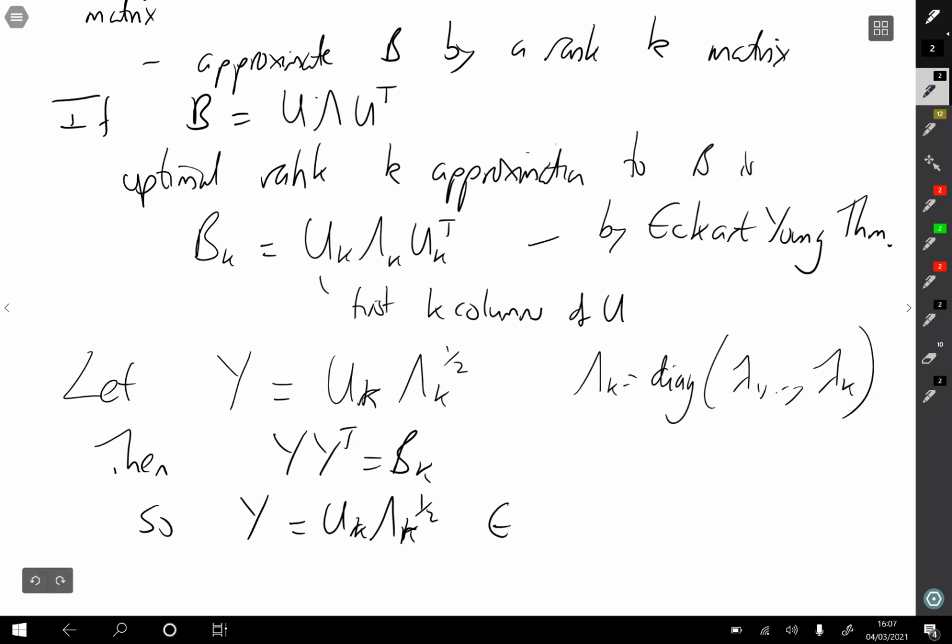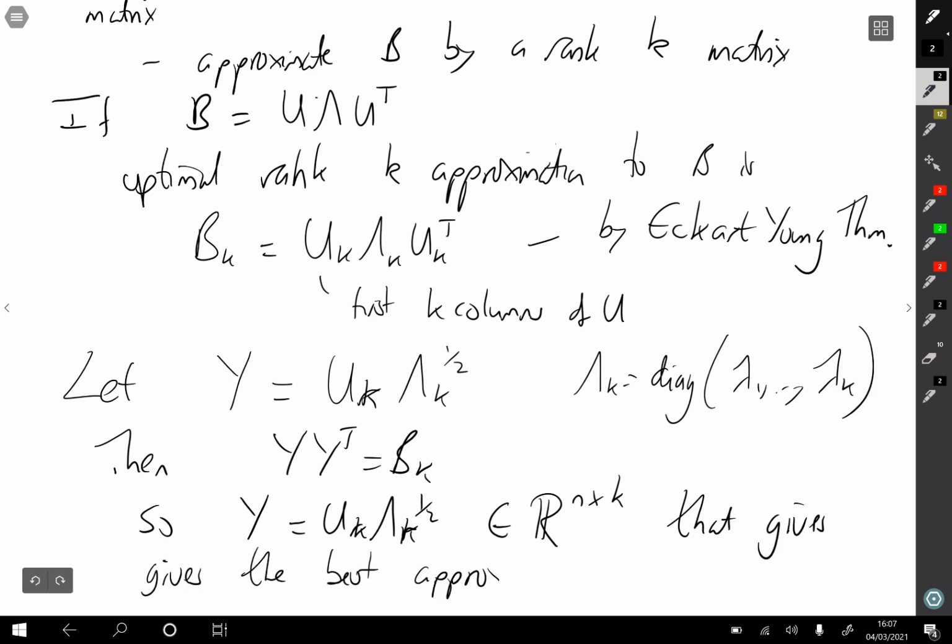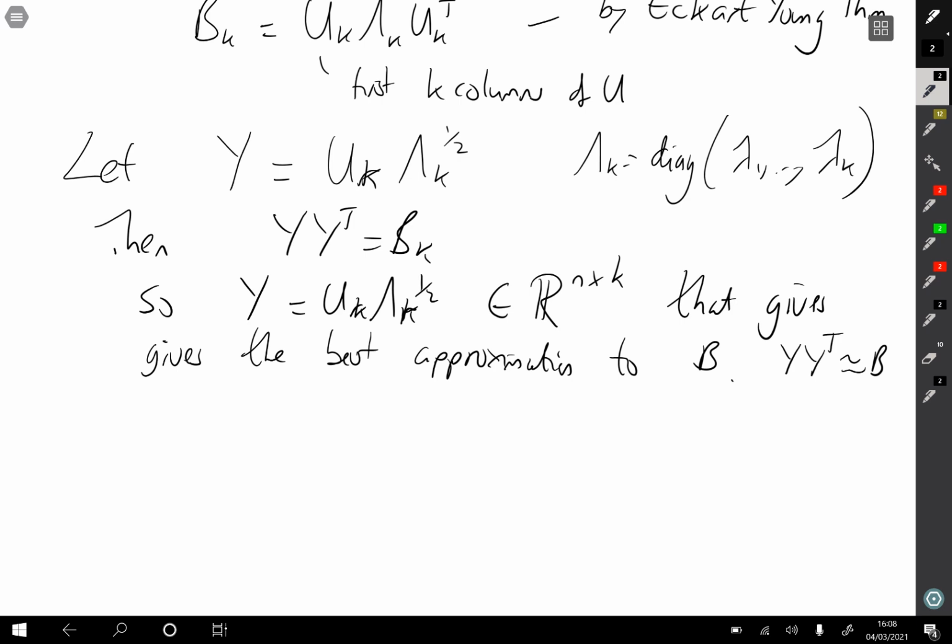So this is a matrix which is n by k, a set of points in k dimensions that gives the best approximation to B. We've got y y transposed approximates B. These are called the principal coordinates of the data.